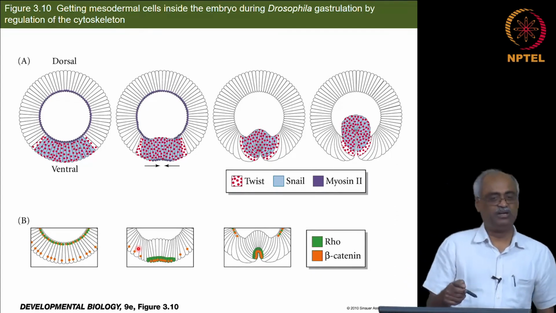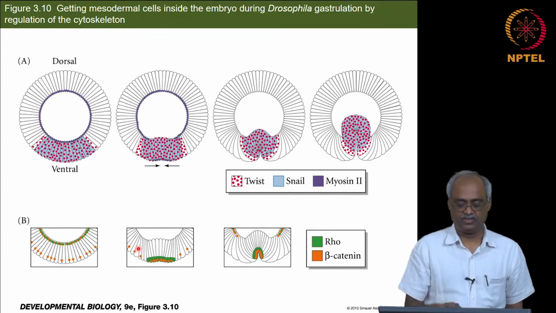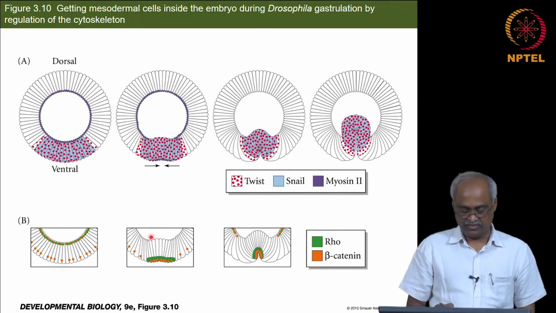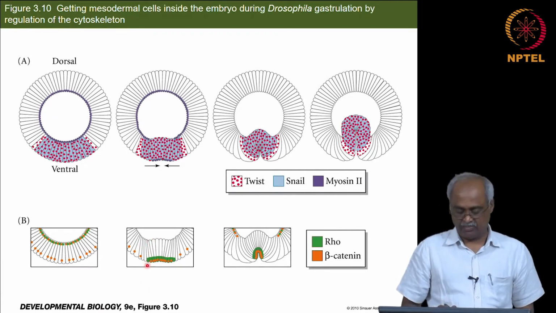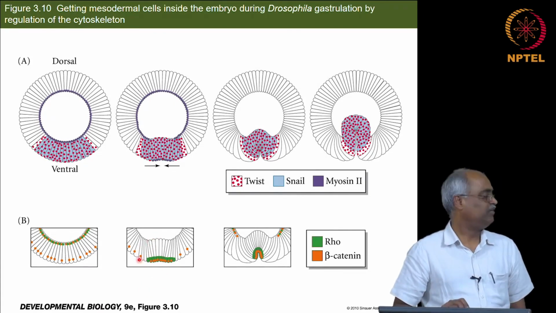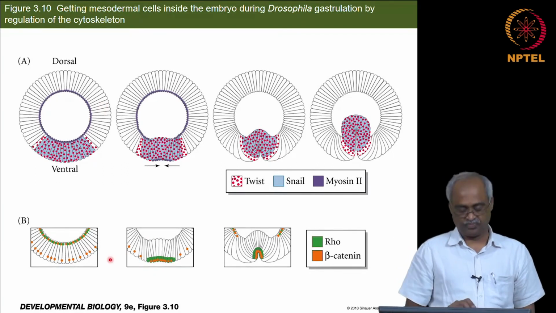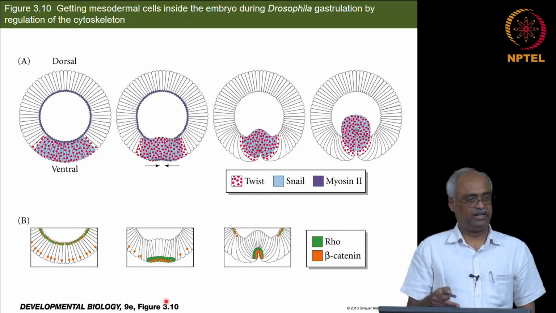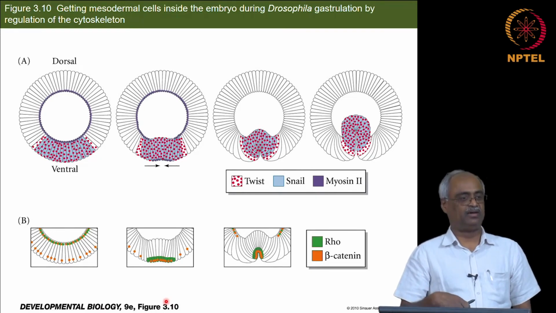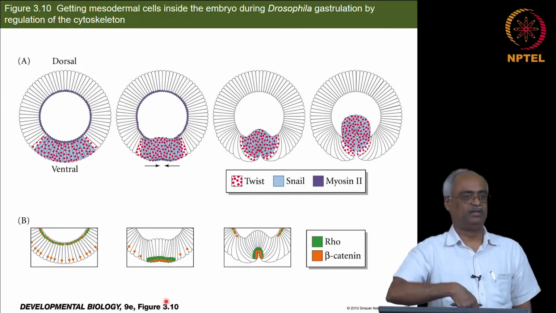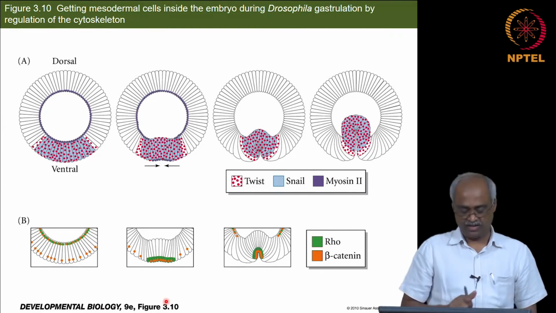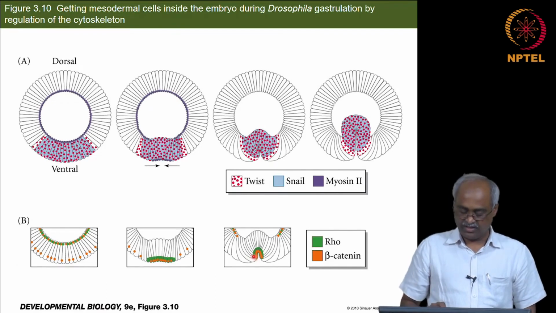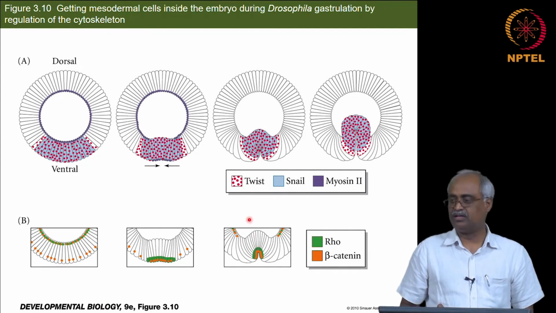So the subsequent downstream activation of genes leads to the relocalization of Rho and beta catenin to the apical surface in the ventral cells only, not in the rest of the embryo, and their interaction with the actin tries to pull the actin cytoskeleton closer, and that in turn affects the outside cadherin as well, and that changes their interaction such that they start to constrict on the apical side and the basal side opens up internally.